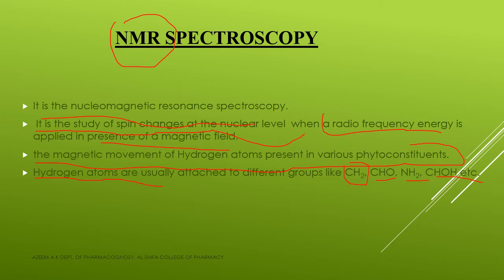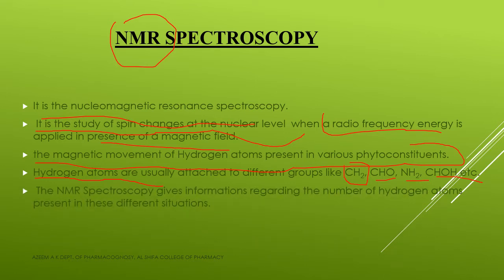Clear? Okay. So NMR spectroscopy is a nucleomagnetic resonance spectroscopy, and this is concerned with the study of spin changes at the nuclear level when a radio frequency energy is applied in presence of a magnetic field. Clear? Now the magnetic moment of hydrogen atoms present in various phytoconstituents can be estimated with the help of NMR spectroscopy, and here usually hydrogen atoms are attached to different groups like CH2, CHO, NH2, CHOH, etc. Different types are there, and these are the different environments in which we can see a hydrogen atom in a molecule.